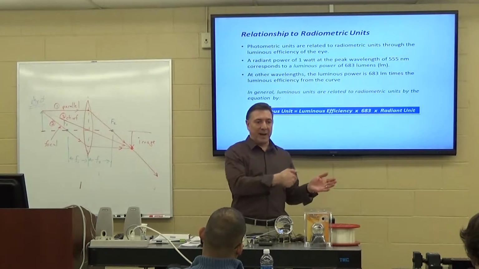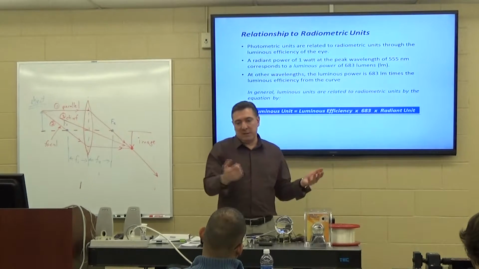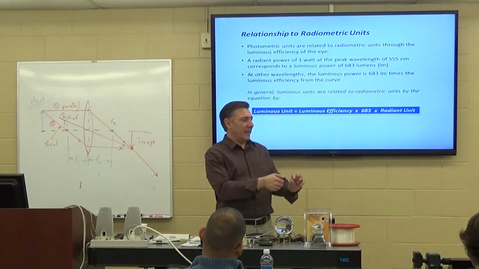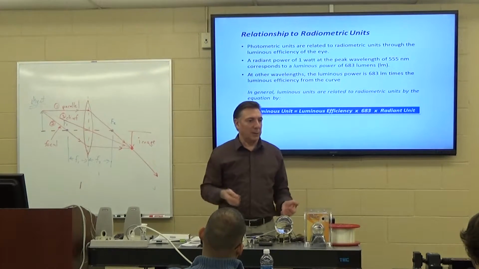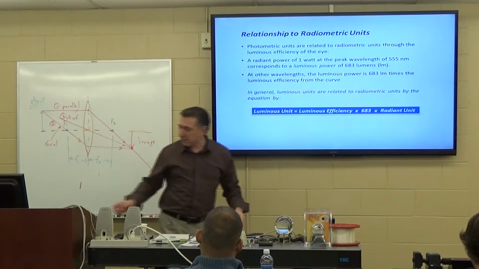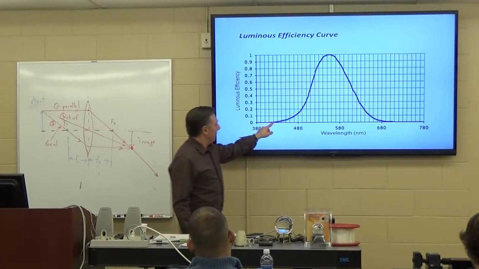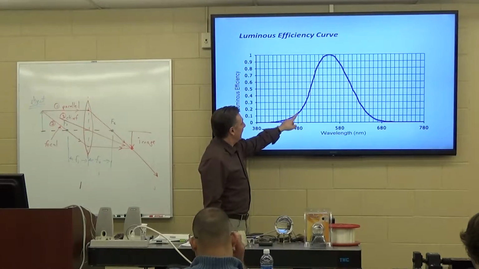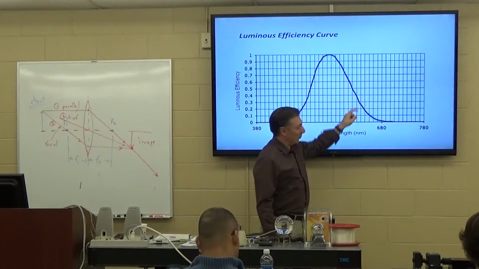Remember, I had the violet laser, it was 50 milliwatts, and it looked not even close to the 5 milliwatt red one, but it actually had 10 times as much power. That's because your eye doesn't see the violet as well as it sees the green or even the red.